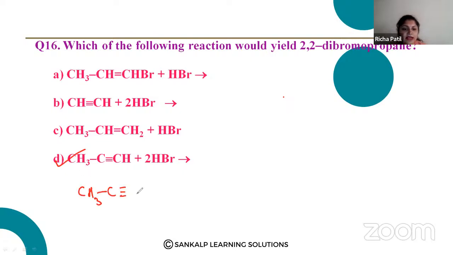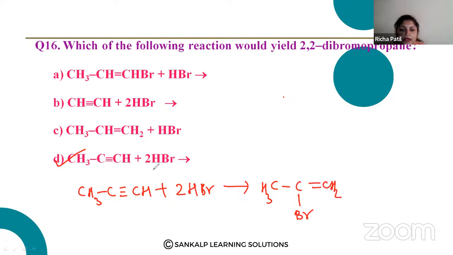CH3, C, triple bond, CH plus 2HBr. What is happening here? First, Br will be added to the carbon having the least number of hydrogen atoms. So then you will get CH3, C, CH2, and 2HBr is there. For 2,2-dibromo, two bromines should be added, so one more molecule of HBr is taken.